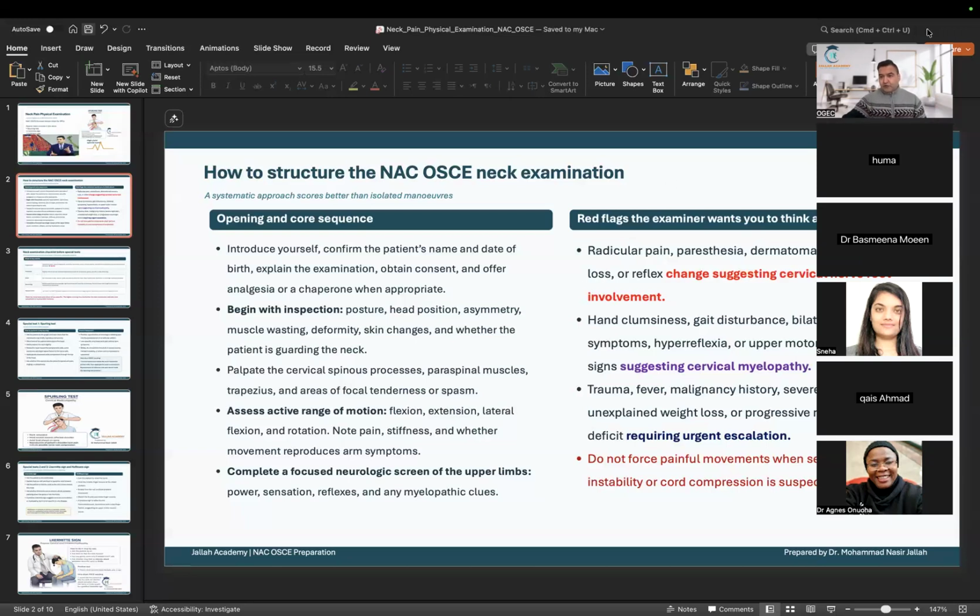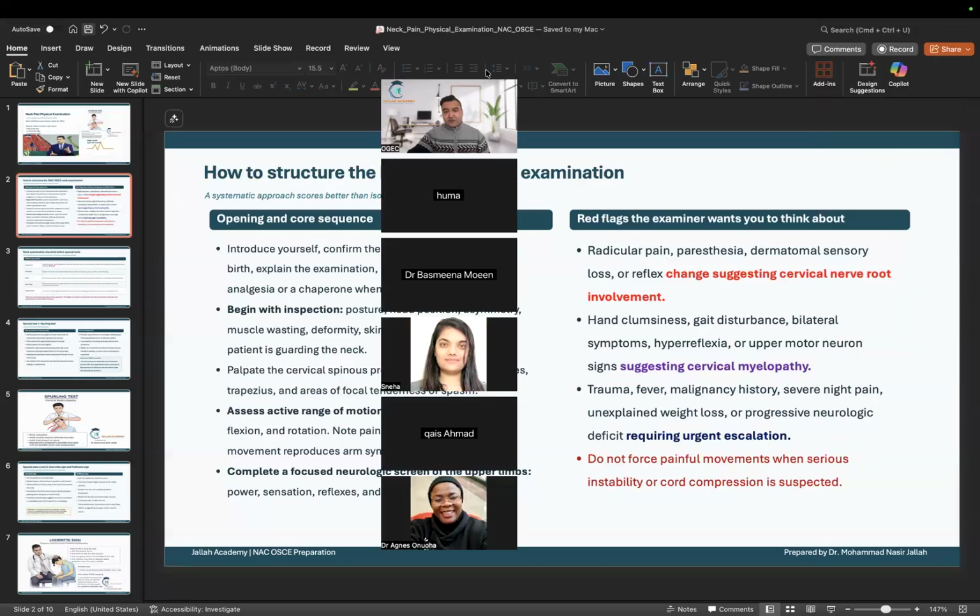All right, so red flags: radicular pain, paresthesia, dermatomal sensory loss, or reflex changes. If there are any changes like this, it suggests cervical nerve root involvement or cervical radiculopathy.